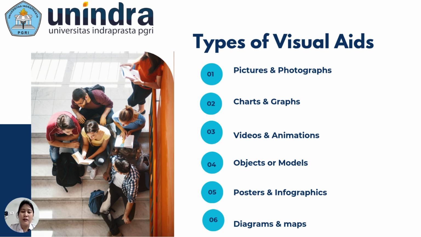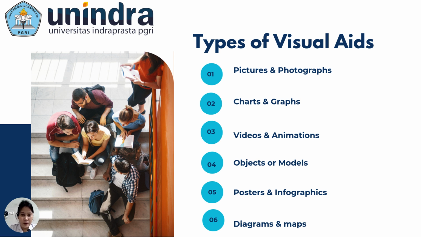The fifth one is about posters and infographics. The difference between posters and infographics. Posters are large visual displays with key information, often combining text and images. Infographics are visual representations of data or ideas using icons, graphics, and short text to communicate information quickly and clearly.